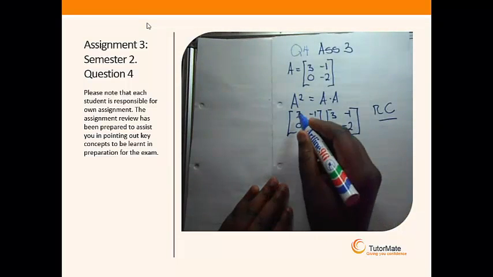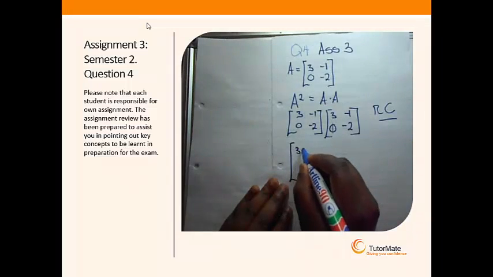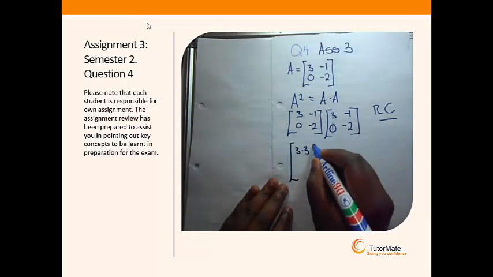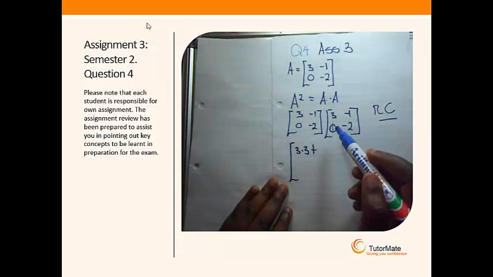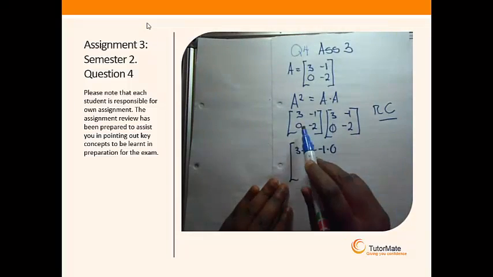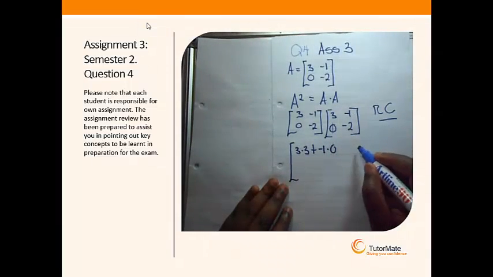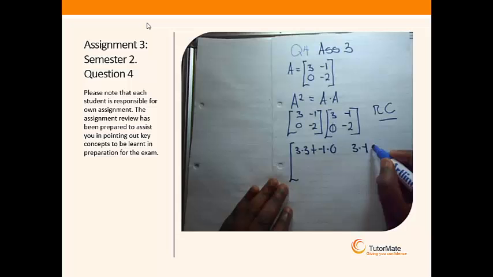So, you're going to say 3 times 3 plus minus 1 times this 0. Then you go to the next one. Say 3 times minus 1, then minus 1 times minus 2.